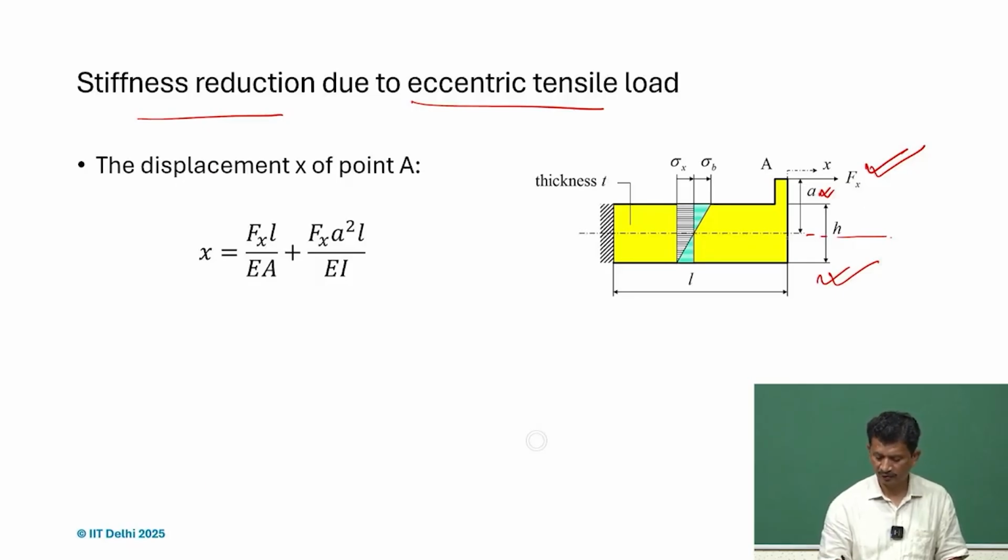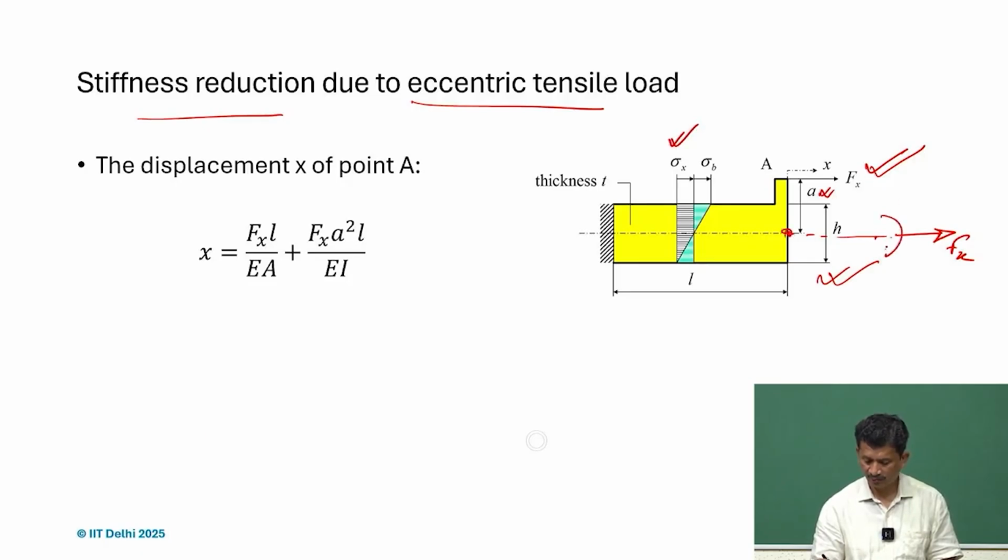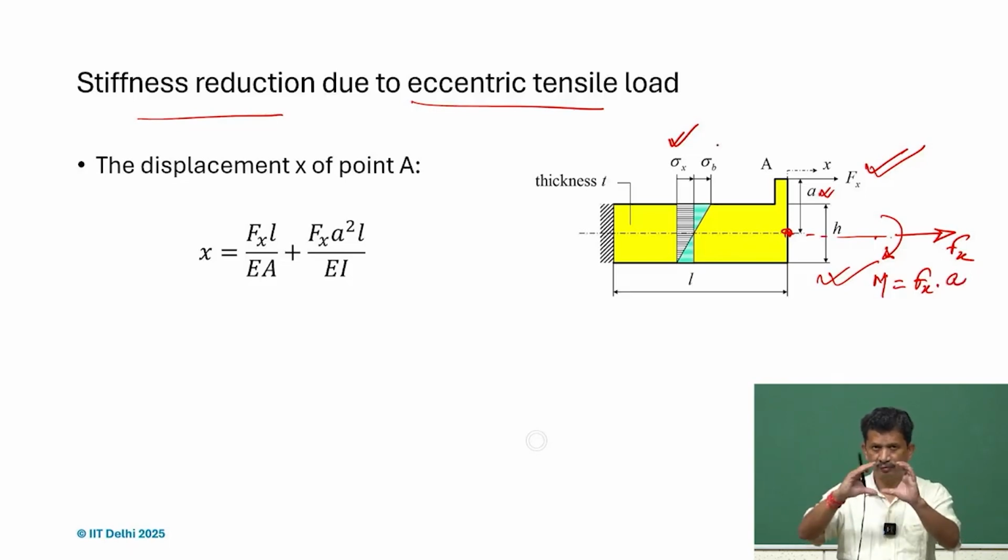Equivalently, there will be Fx. So this is the axial force. So this is what we get, sigma x. But at the same time, if we just look at this point, there is a bending moment also acting, which will be Fx times A. And because of that, there will be also bending load, sigma b.